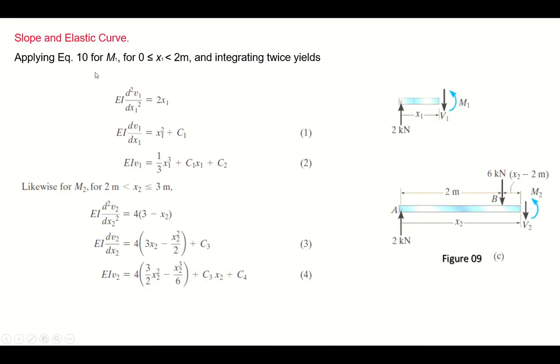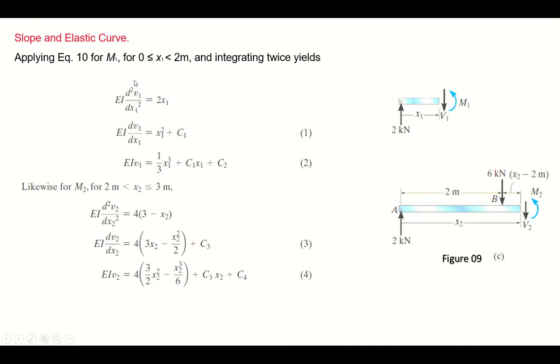Now applying equation 10 for M1, whose limits are 0 to 2, and integrating twice. This is your M1 equation 10. M1 is equal to EI d square mu 1 divided by dx1 square, which is equal to 2 into x1.